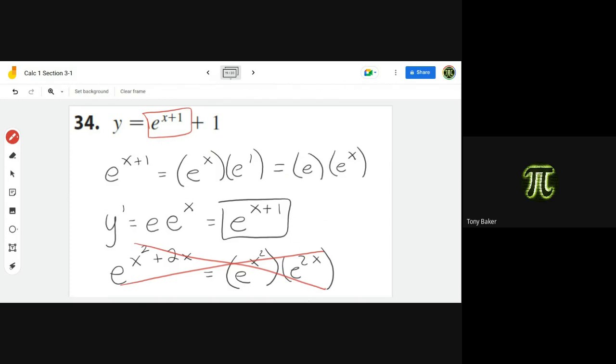All right, last problem. I forgot to do it before I did the e to the x problem.